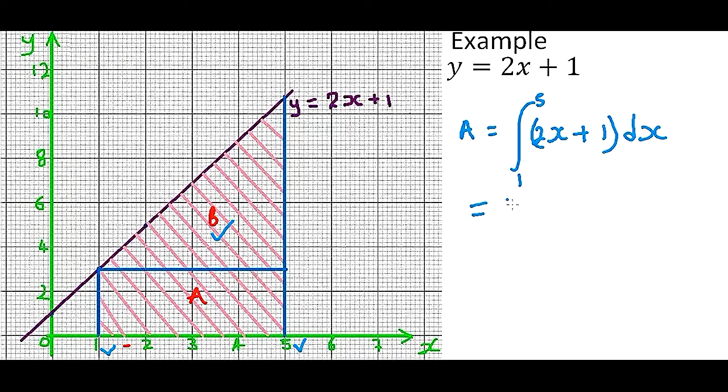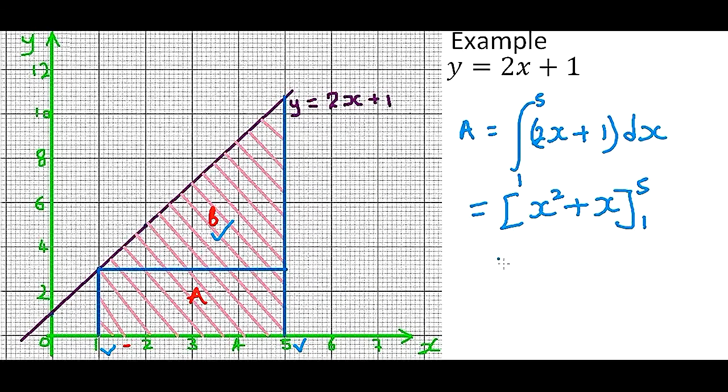So when you integrate this, you should get x squared, because we will divide by 2, the 2 will disappear, plus x, into bracket 1 to 5.